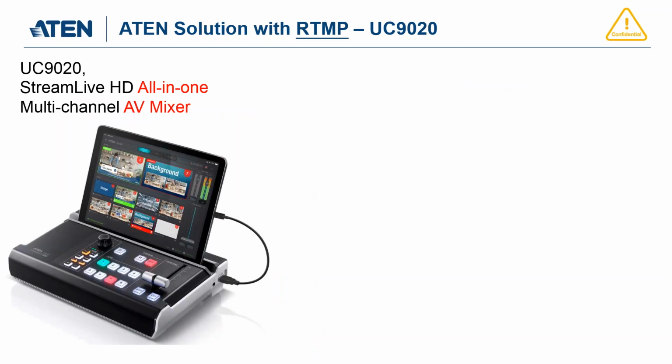Alright, so now let's take a look at the second one, which is the RTMP, the UC9020. It's an all-in-one multi-channel AV mixer. As you can see, this is the UC9020. You are seeing some buttons here, a T-bar here, and an iPad here with a USB Type A to either USB Type C or Lightning, depending on the iPad that you're using.